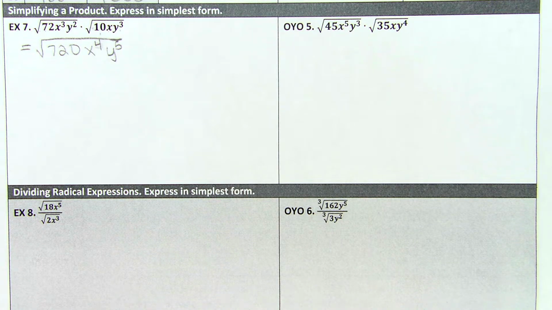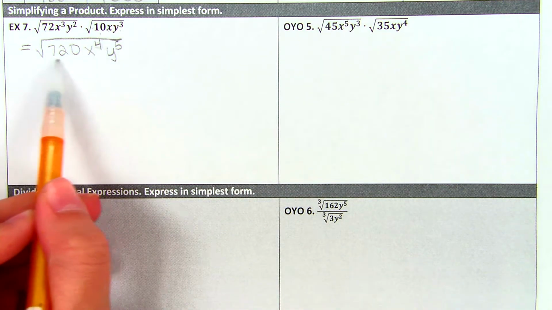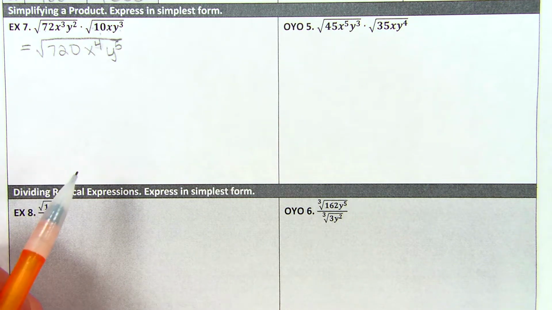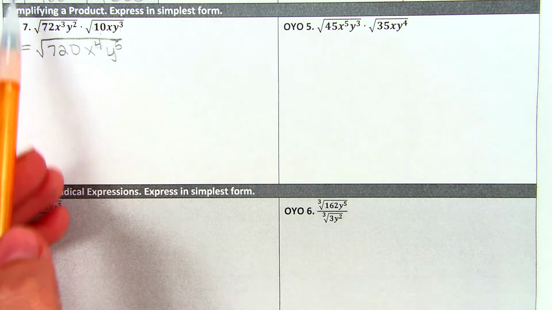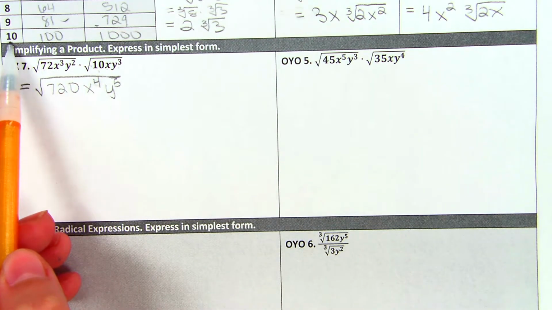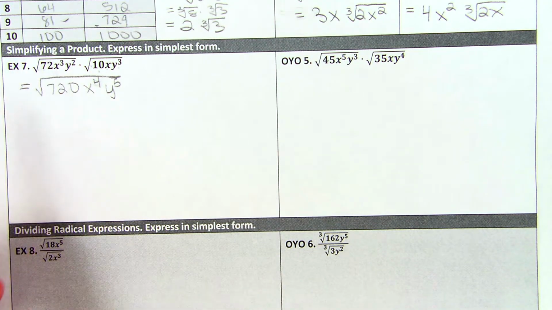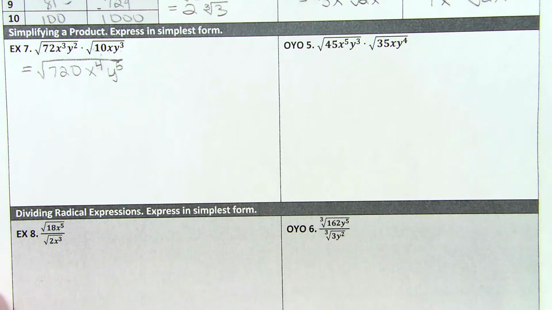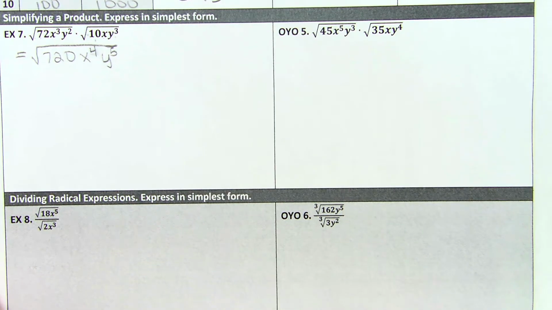What is the largest perfect square that goes into 720? We're actually going to have to go beyond our perfect square of 10 because the largest perfect square that goes into 720 is actually going to be 144.